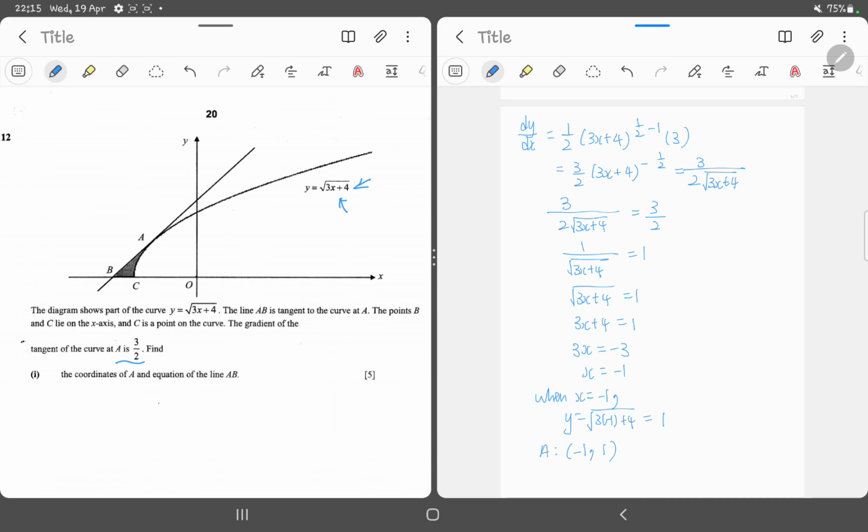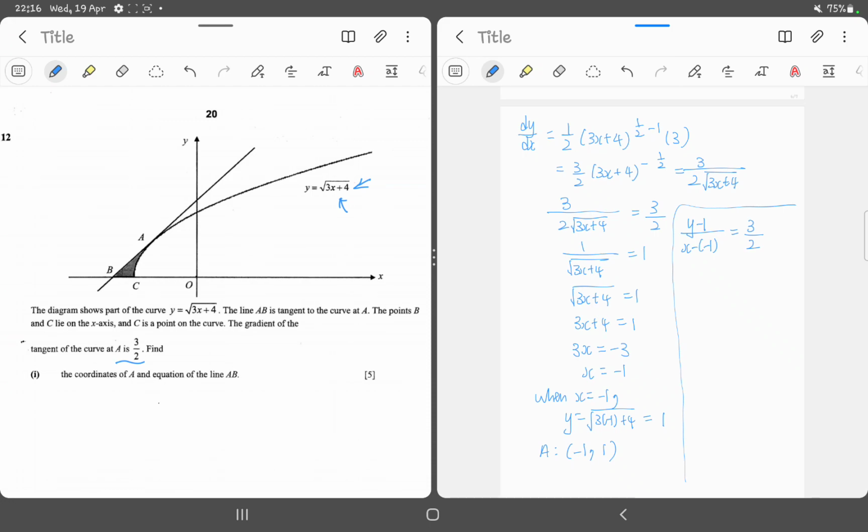Using the coordinates of point A, we take y minus 1 over x minus minus 1 and equate it to the gradient of the tangent of the curve at A, which is 3/2. This gradient 3/2 will also be the gradient of the line AB.